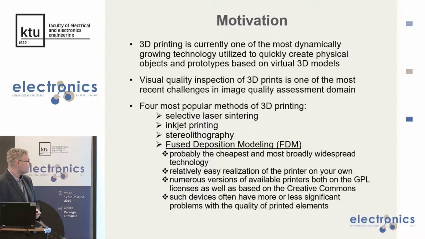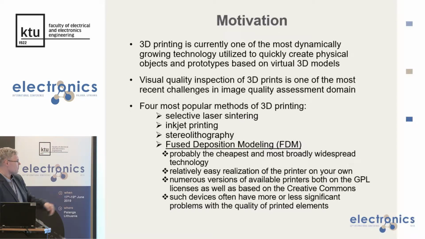So that's our aim. Of course, we can try to assess the quality of the surfaces also offline after processing. So it could also be useful for assessment of some parts, for sorting, classification of some already printed elements.